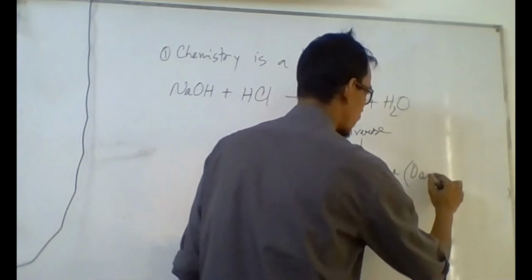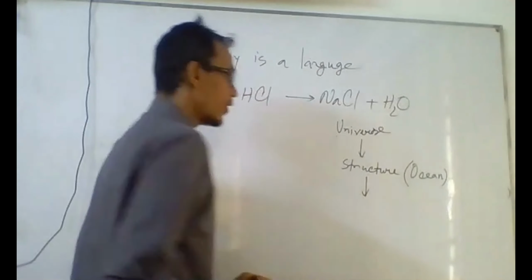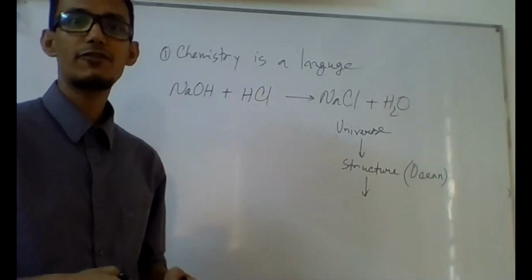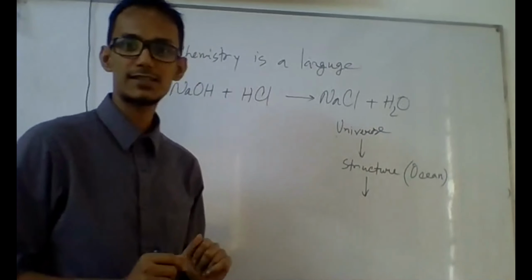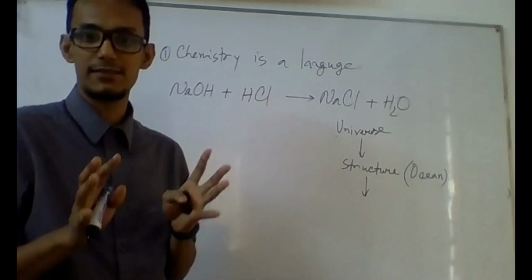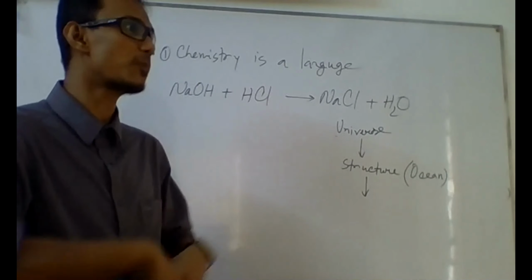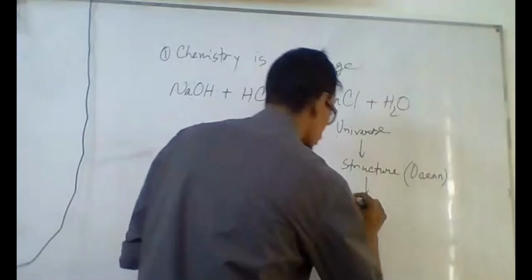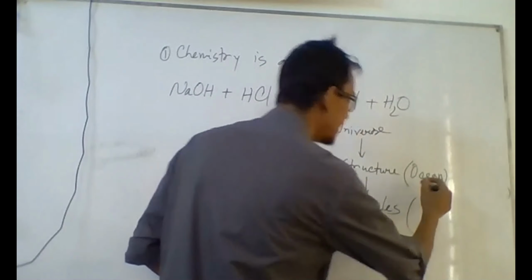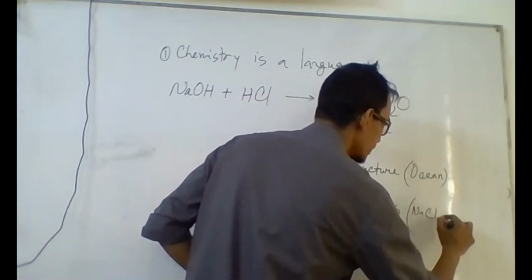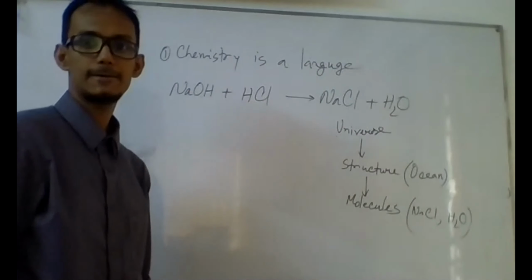Say ocean is one structure. Then for hundreds of years, when they looked at the structures, they found some molecules, which are smaller things, and a structure is made by those molecules. So in the ocean you will get sodium chloride, you will get water. Do you understand what I'm saying?